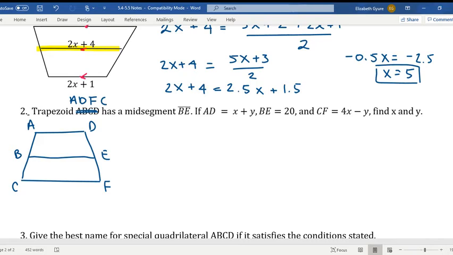Okay. So this is saying that AD is x plus y, BE is 20, and CF is 4x minus y. Find x and y.